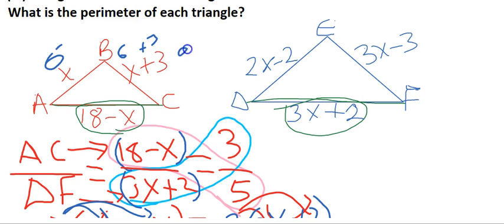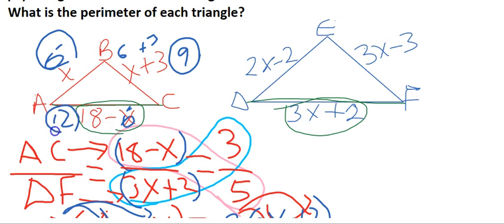So this side is 9. How about this side? This becomes 18 minus 6. So that's 12, that side. And how about here? This is 2 times 6 minus 2. So make sure you follow the order of operations. 2 times 6 is 12 minus 2 is 10. So this side is 10.